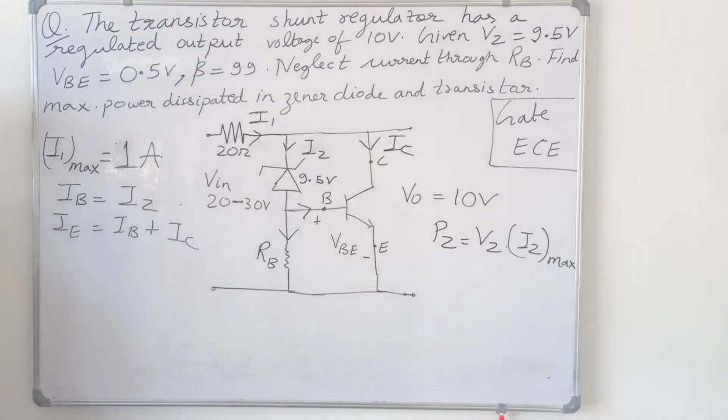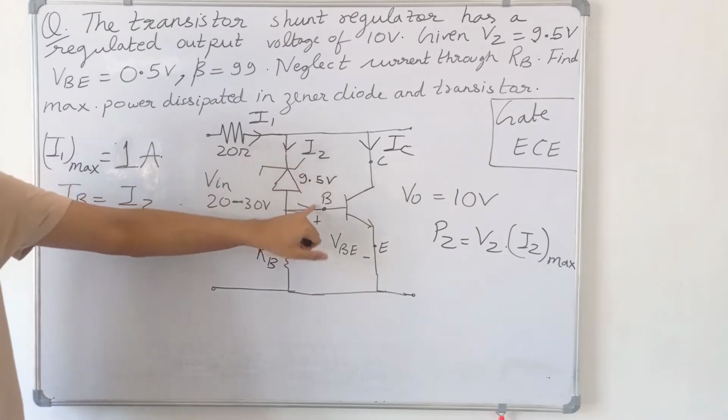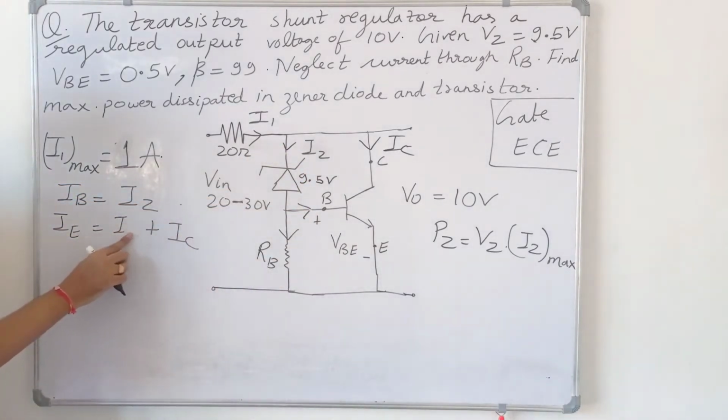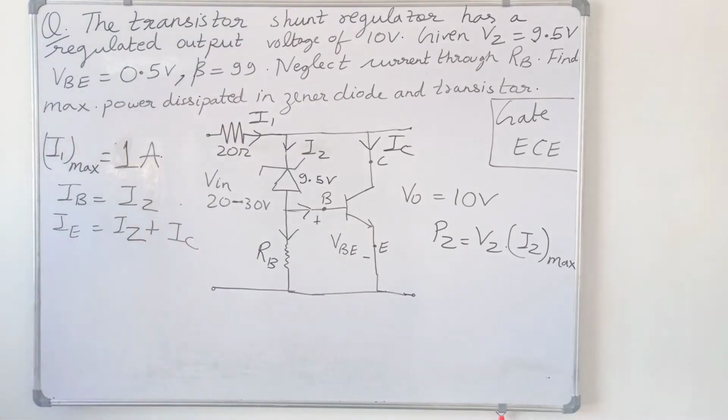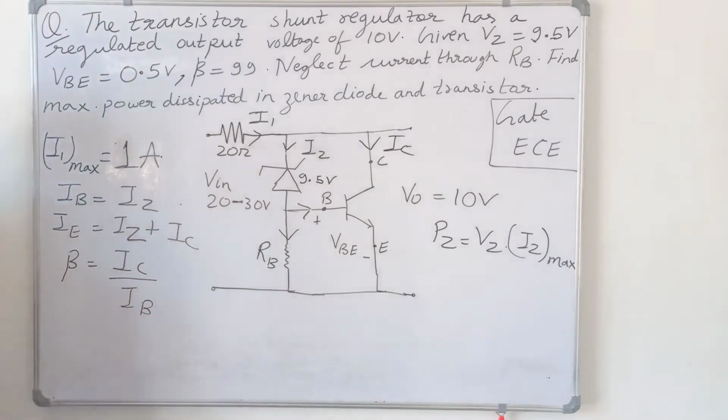But IB is equal to IZ because this current is 0, so IE is equal to IZ plus IC. And beta is given as IC upon IB. But IB is equal to IZ, so beta will be equal to IC upon IZ.